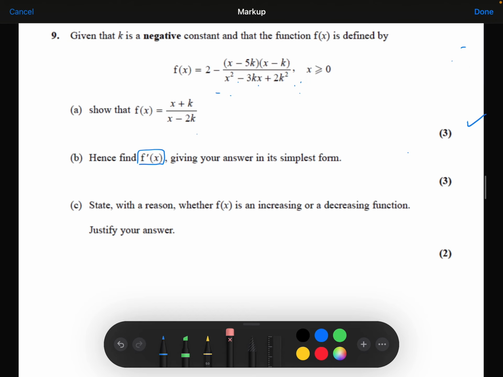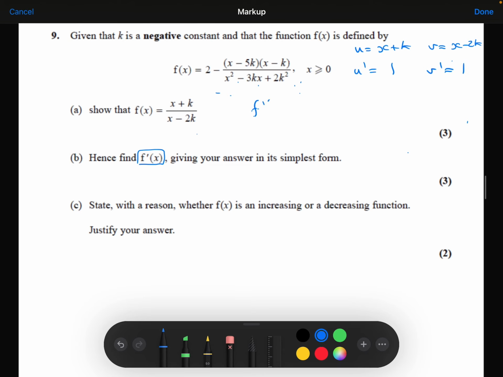So let's clear a bit of space and we'll say that u equals x plus k and v equals x minus 2k. Differentiating the x plus k, I'll get 1. Differentiating the x minus 2k will be 1.